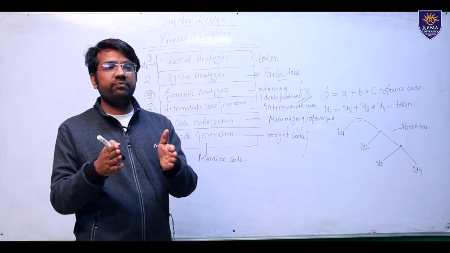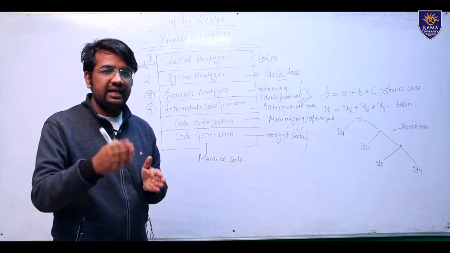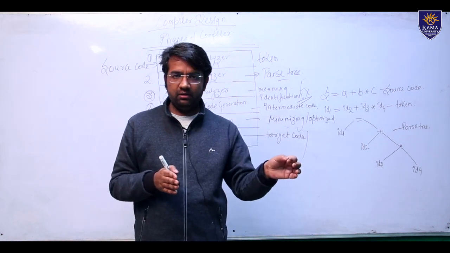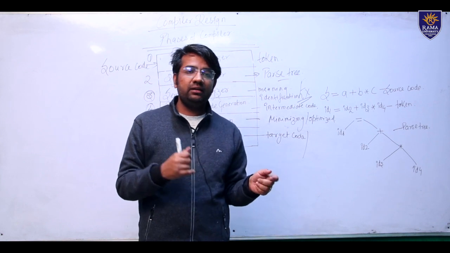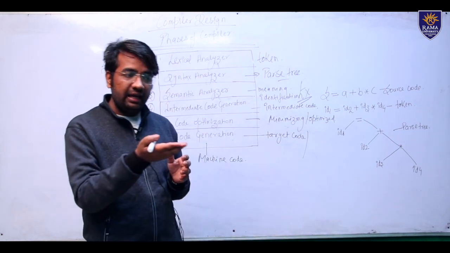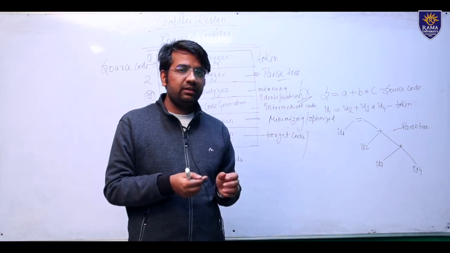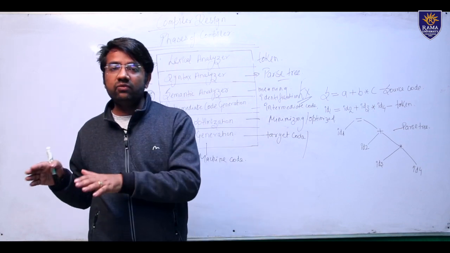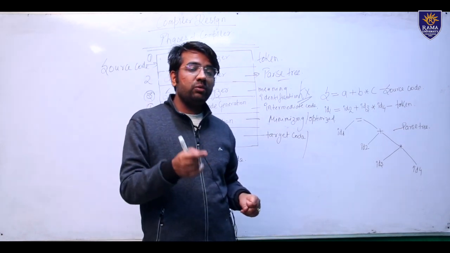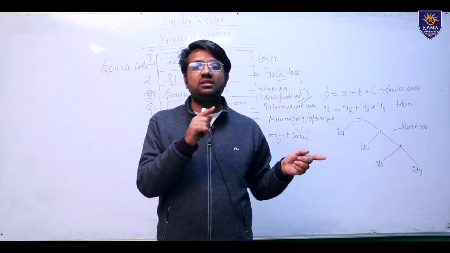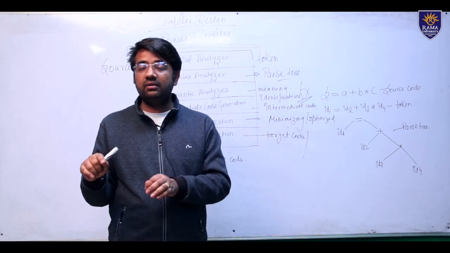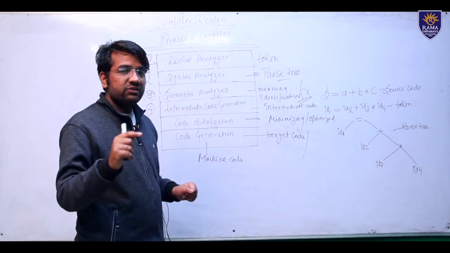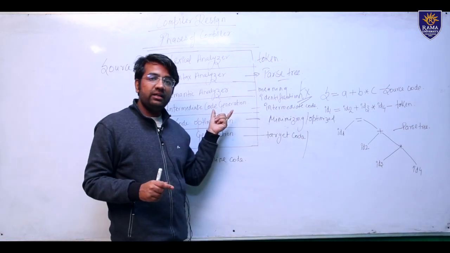We are creating a compiler for a particular language, language A, but the compiler is built in language B. The language B compiler, if we give it data in the form of language A, will convert it into language B, because the machine is able to understand language B, since the compiler is written in language B. That's why we are converting into the intermediate code form.